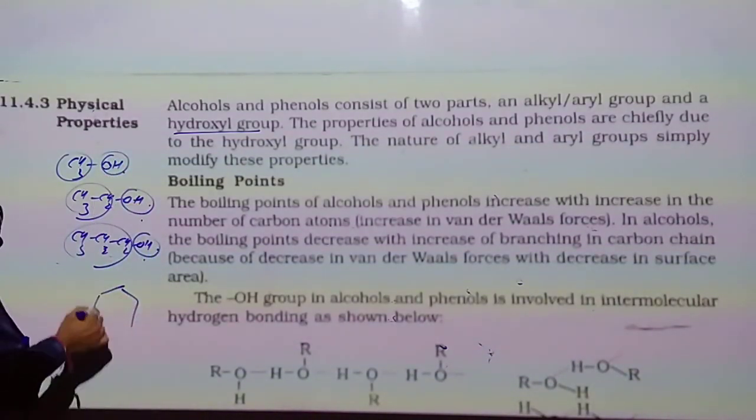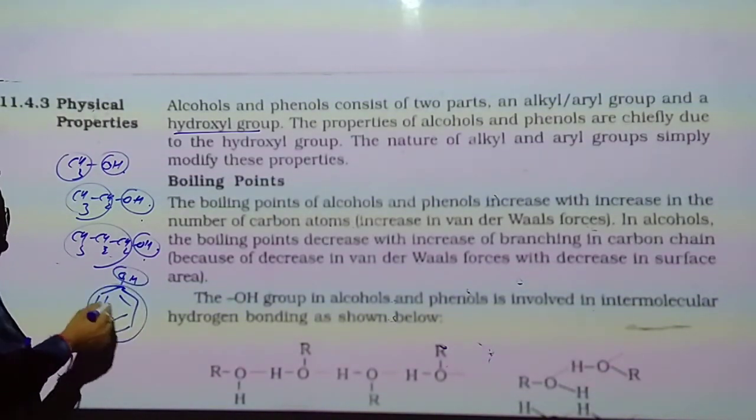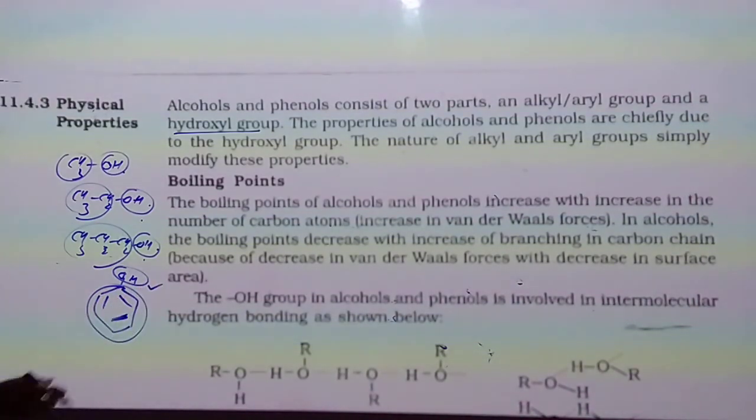The same in the benzene ring, there is OH, so phenol. Actually in phenol, the hydrocarbon part is non-active, so the properties are due to the OH group. The nature of the alkyl or aryl group simply modifies these properties. So first of all, boiling point.